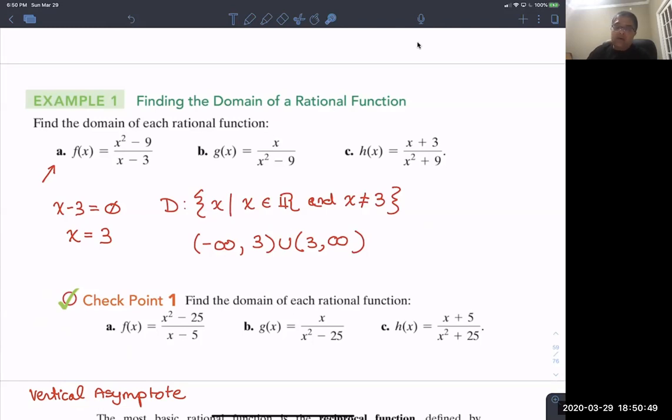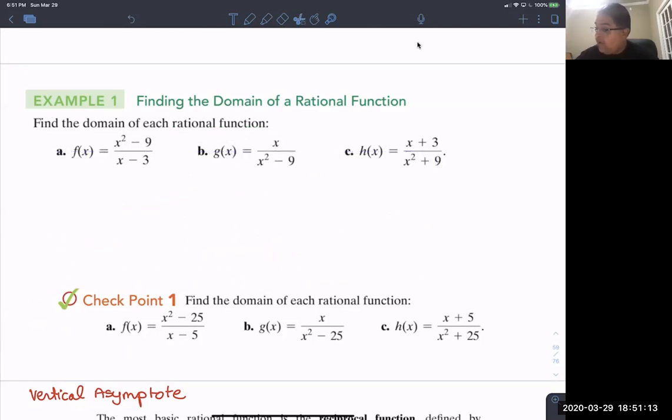Okay. So to find the domain of a rational function, you set the denominator equal to 0 and solve. That may involve one-step equation solving, or you may have to factor, you may even have to use the quadratic formula if it's not a factorable quadratic. So take home point, the domain of a rational function, step 1, set the polynomial in the denominator equal to 0, solve for x.